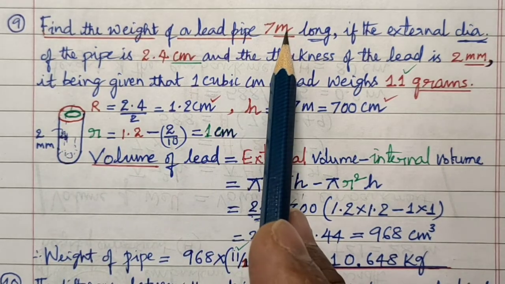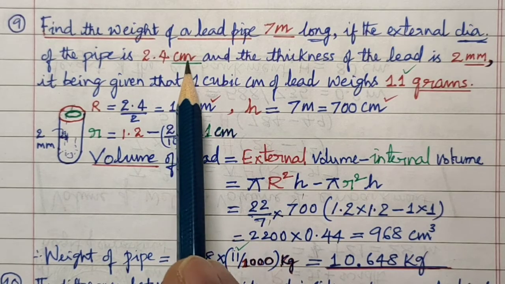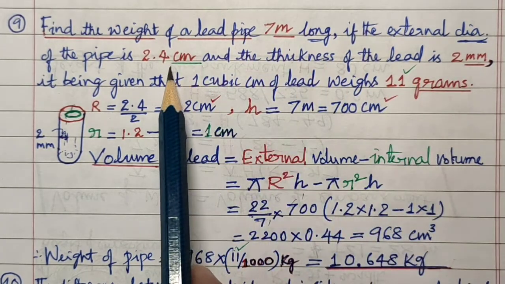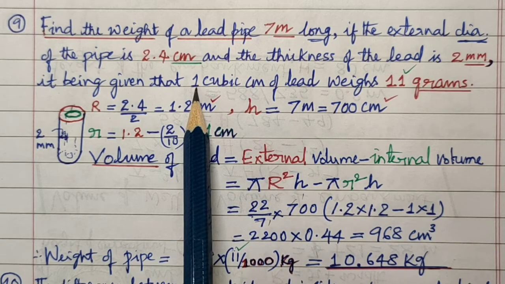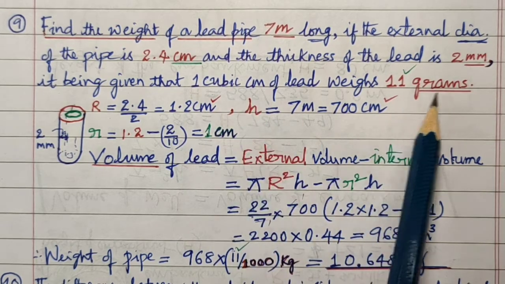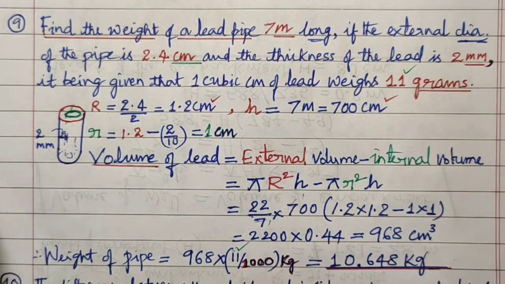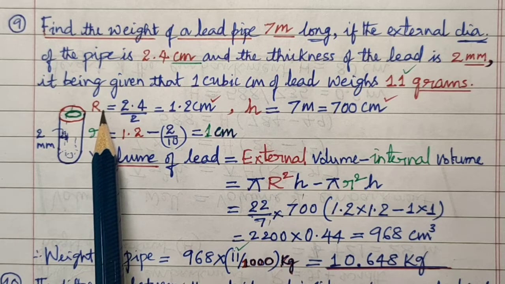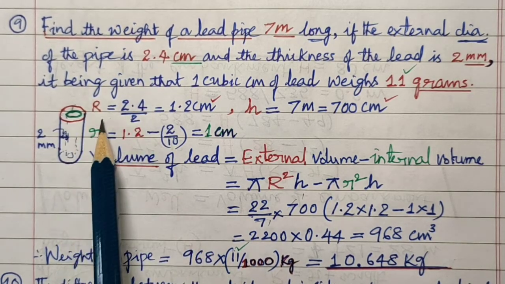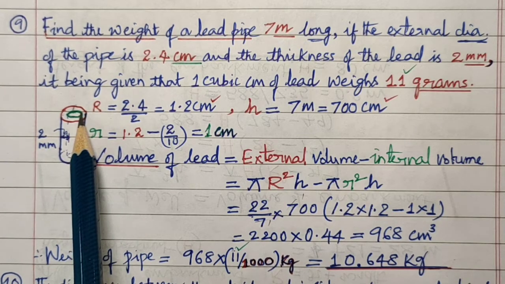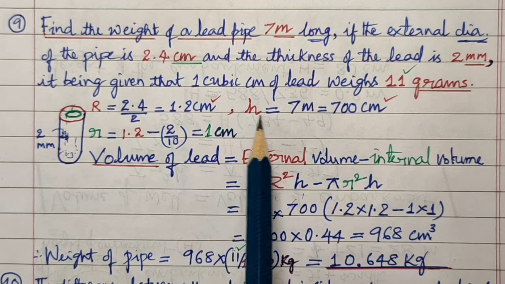Here everything is given in different units: meters, millimeters and centimeters. Let us convert everything into centimeters, because the weight of 1 cubic centimeter is given as 11 grams. The external diameter is 2.4 centimeters, so R of this is 2.4 divided by 2, that is 1.2 centimeters.